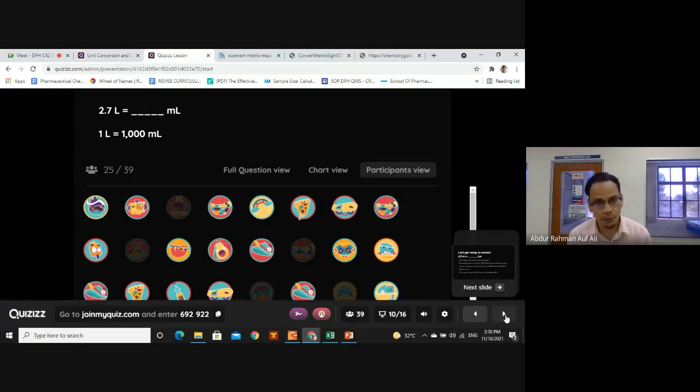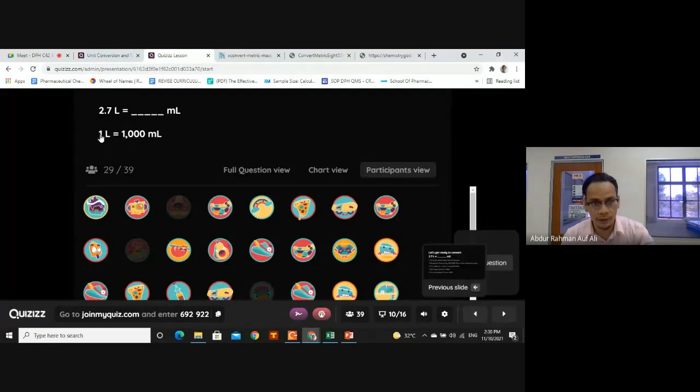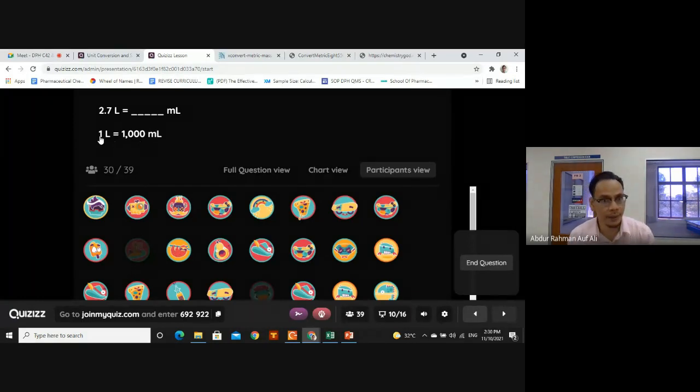Okay, so saya nak stress lagi sekali, the key information yang kamu perlu faham kat sini adalah you will need a conversion factor. In this case, dalam contoh ni, the conversion factor adalah 1 liter bersamaan dengan 1000 mililiter. 1 kilogram bersamaan dengan 1000 gram. That sort of thing. Okay?